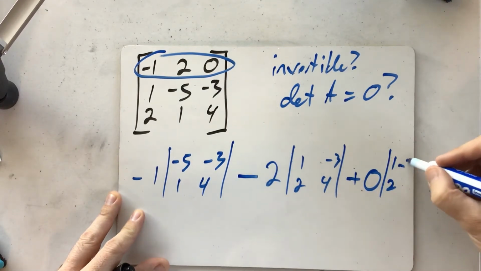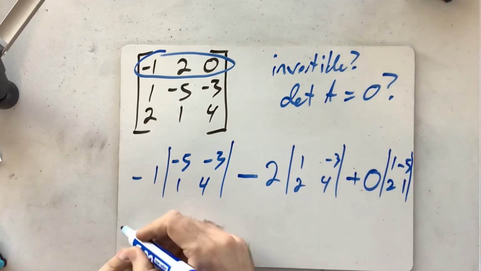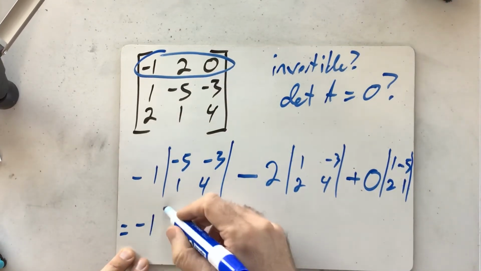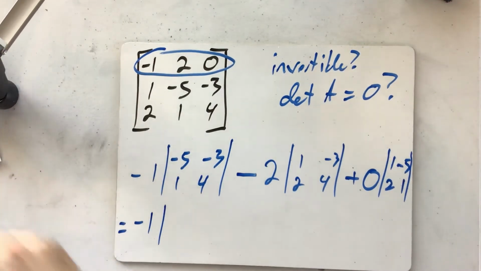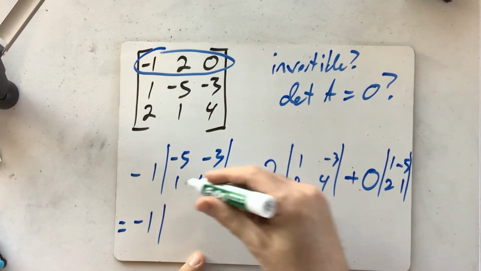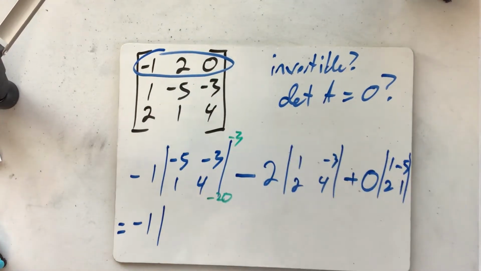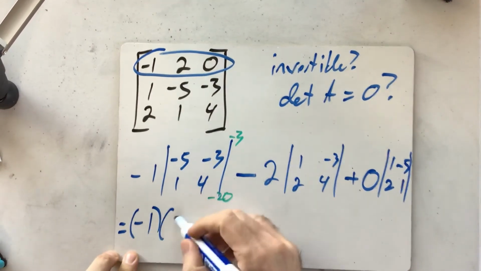I don't even have to write this out, but I did it anyway. So this turns out to be -1 times, and now this determinant, let me get these results. I write these down here, it helps me. -20 and -3. So it looks like -20 plus 3, so I get -1 times 17.